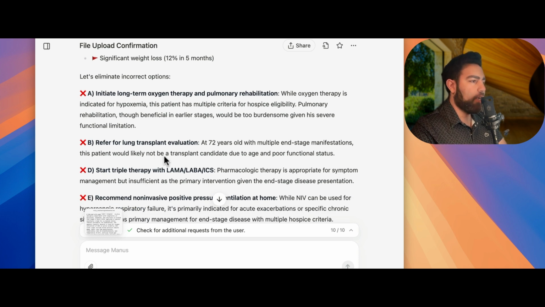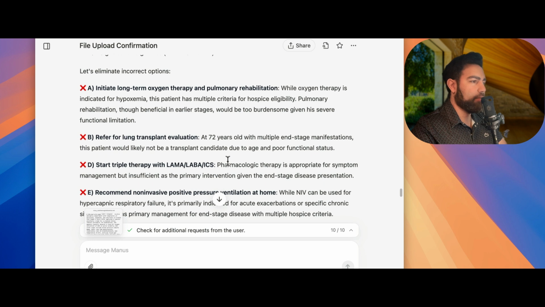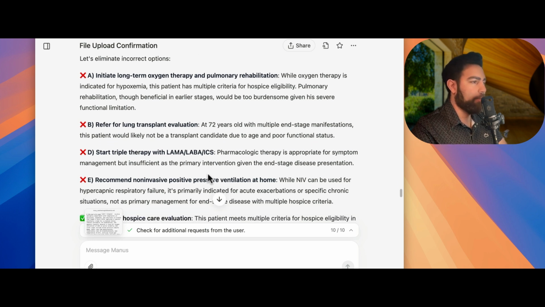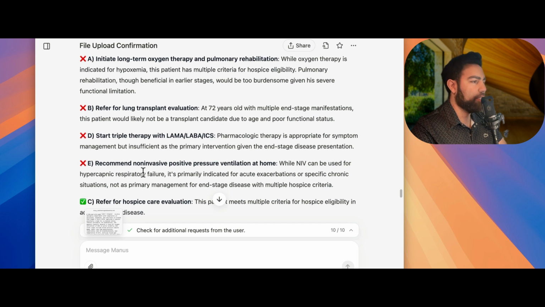Referring for lung transplant evaluation: this patient is 72 years old and has multiple end-stage manifestations, so he will basically not be a good candidate for transplant. Starting triple therapy is appropriate for symptom management, again, but insufficient as the primary intervention given this presentation.